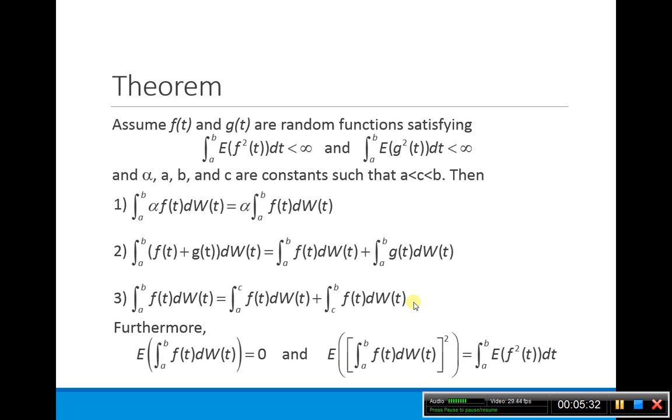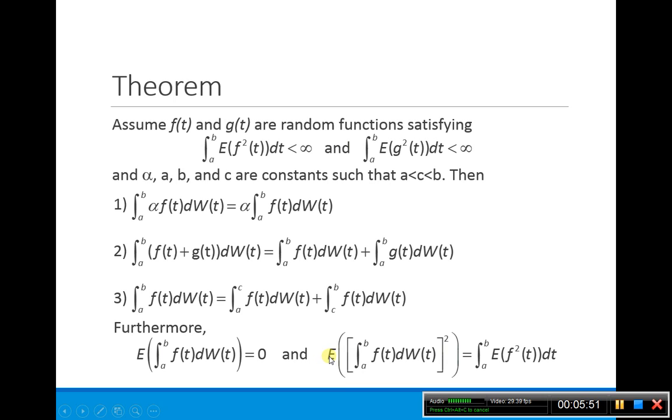Some other things that we have: the expected value of this integral from a to b is actually equal to 0. And the expected value of this integral squared is the same as the integral from a to b of the expected value of f squared.